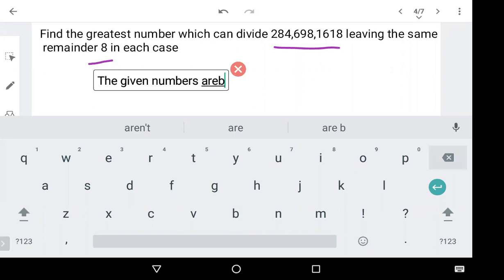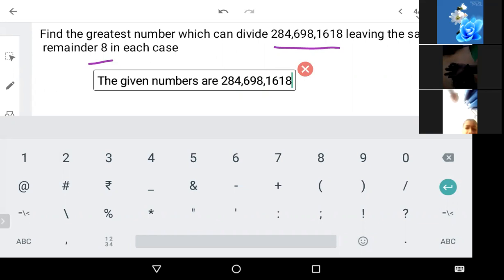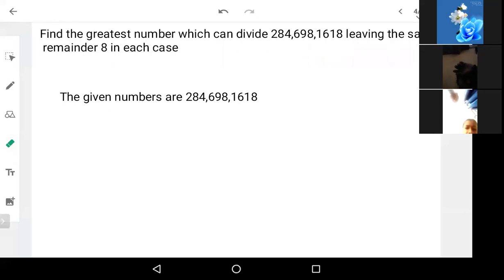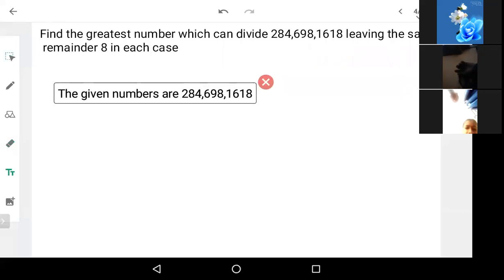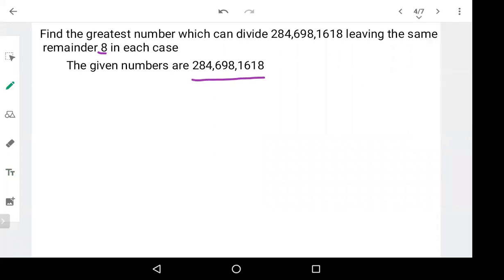So the given numbers for us are 284, 698 and 1618. Now after this first step, the next step is to remove this 8. This remainder 8 that is given to us, we have to remove from all the three numbers.